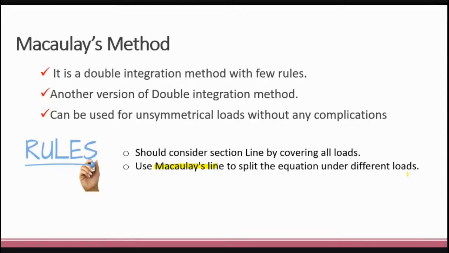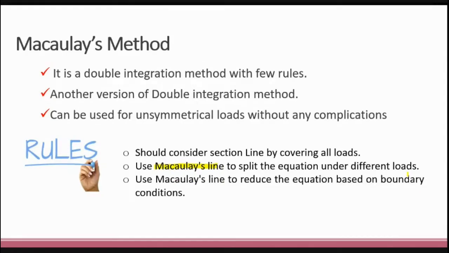We use Macaulay's line to reduce the equation based on the boundary conditions or the values you need. For example, if I need x at a particular location, we reduce the overall equation by applying Macaulay's line, simplify it and solve it. That is the main purpose of Macaulay's line.